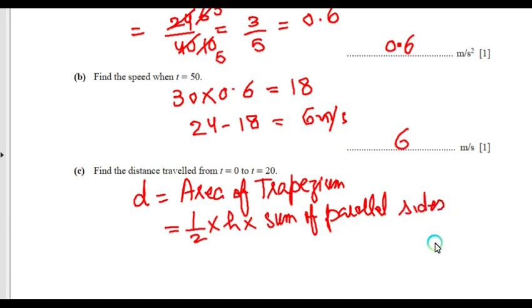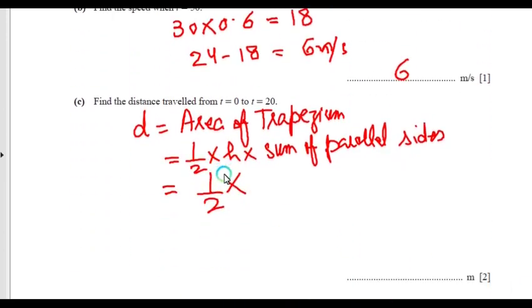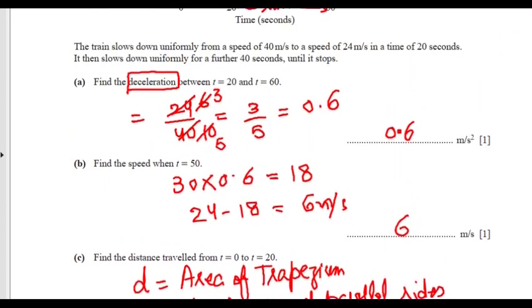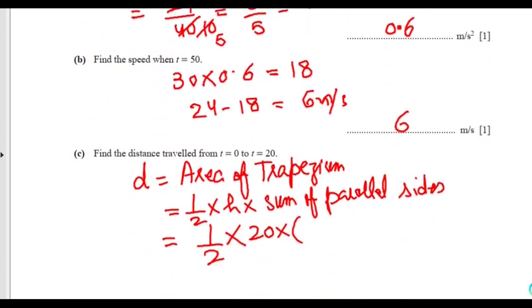it is 1 over 2 the height multiplied by the sum of the parallel sides. The height is the distance between the two parallel sides.